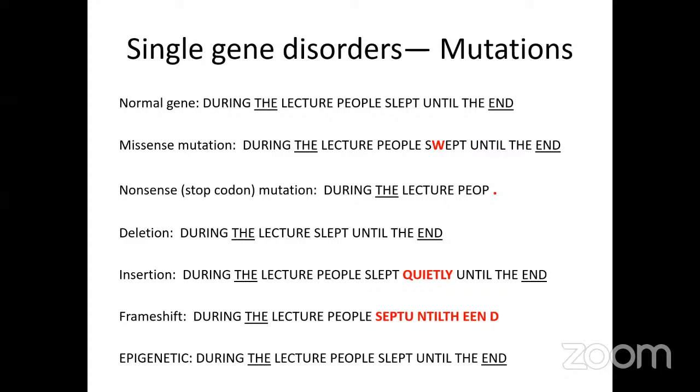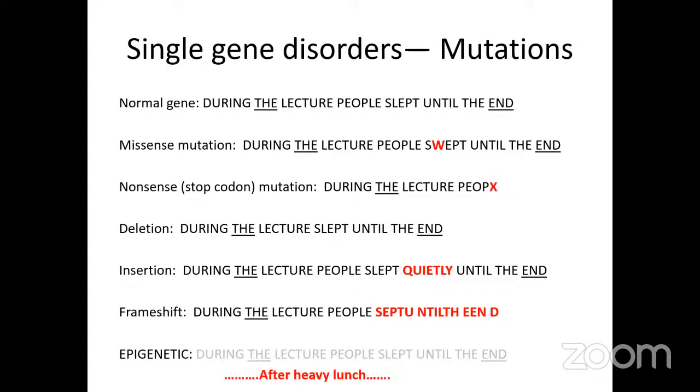And there is a new class of genetic variation called epigenetic variation. Here the script remains the same: during the lecture, people slept until the end. But after a heavy lunch, if you have a post-lunch session, people will sleep. Not because of a change in the script, but because of an external factor, the heavy lunch.